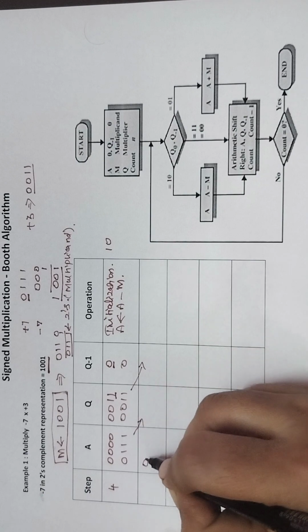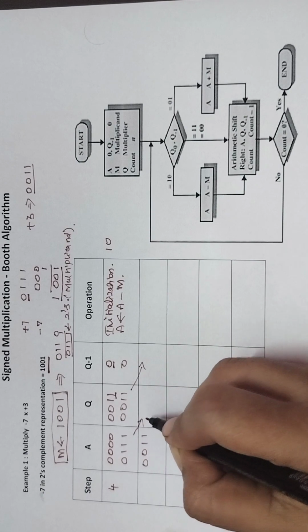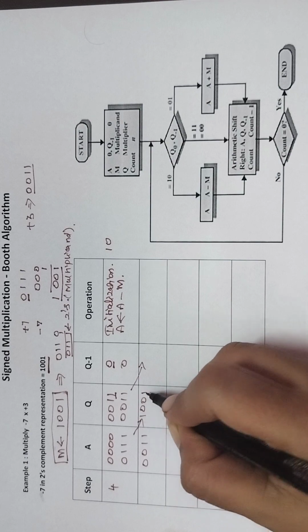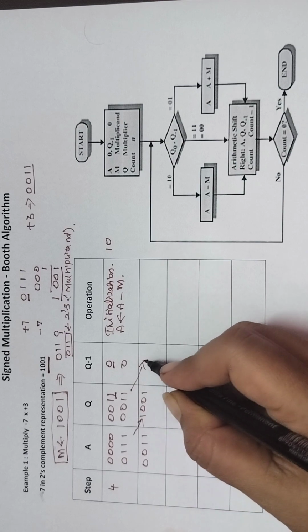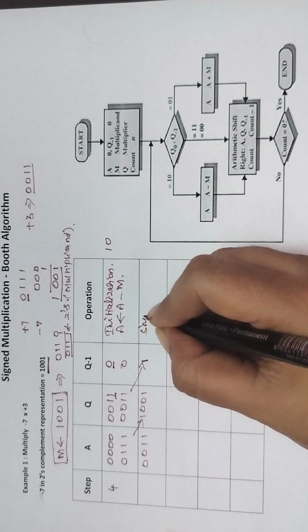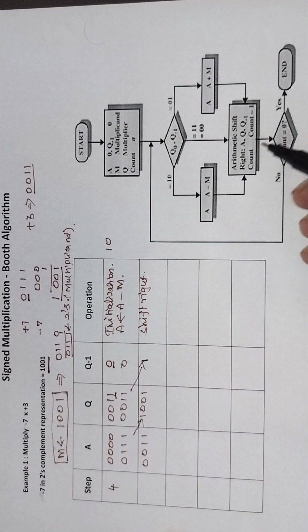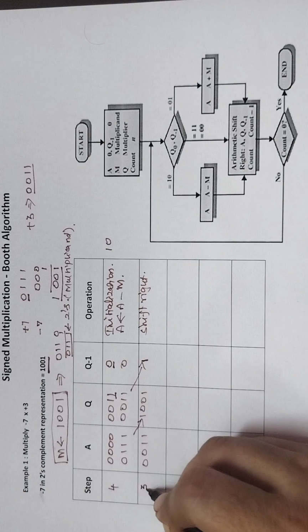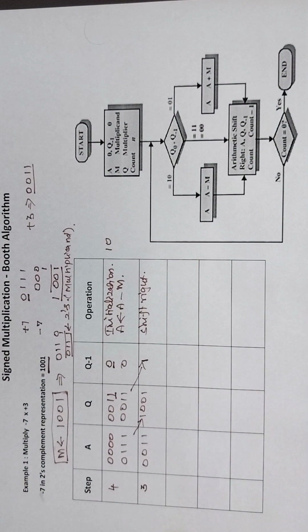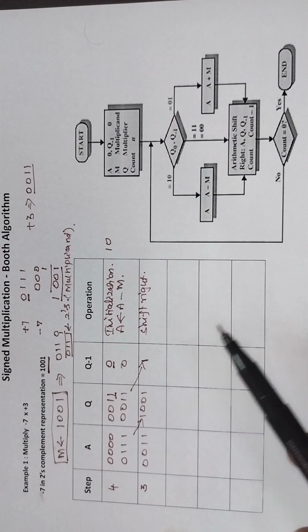So here we get 0 0 1 1 and 1 0 0 1. The Q0 bit is shifted into Q minus 1. We are performing shift right and decrementing the count to 3, that is, by minus 1. So now we have performed the arithmetic shift of the A, Q and Q minus 1 registers.